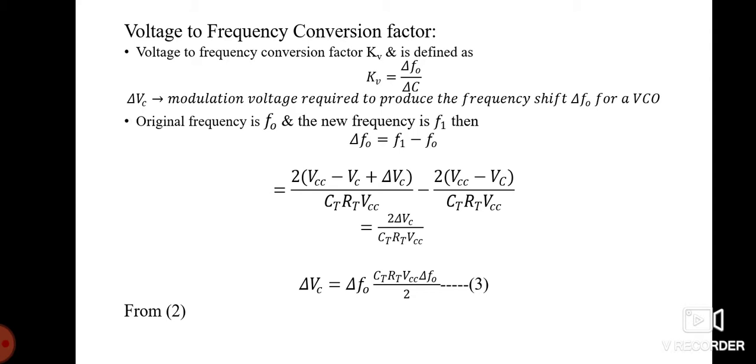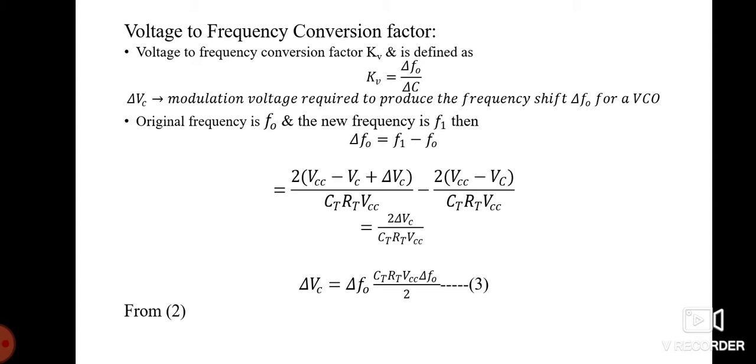Now we can find the voltage to frequency conversion factor. It is defined as kV equal to del F naught by del Vc. Here, del Vc is the modulating voltage required to produce the frequency shift del F naught for a VCO. The original frequency is taken as F naught and the new frequency is taken as F1.